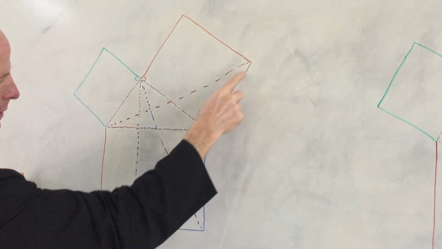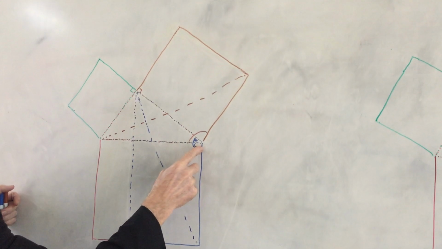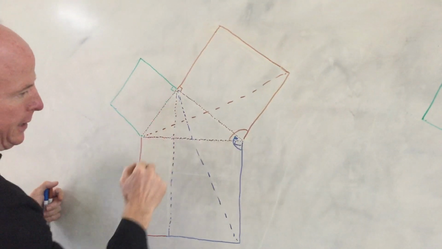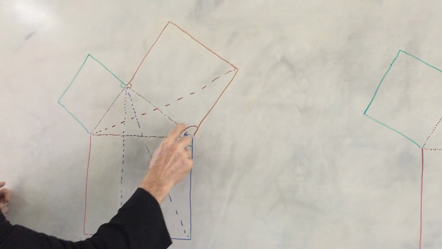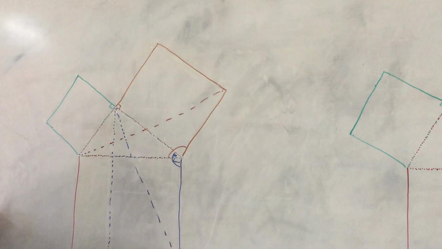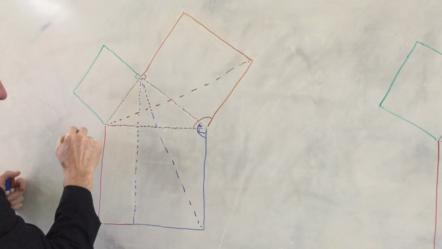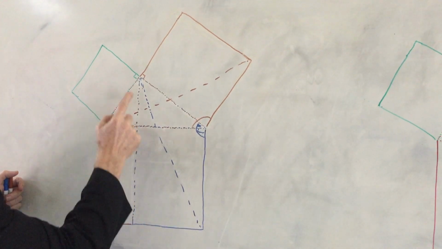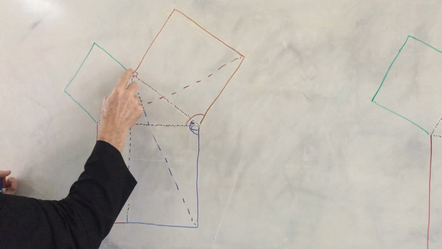Long side plus equal angle and short side are equal to long side plus angle and short side.